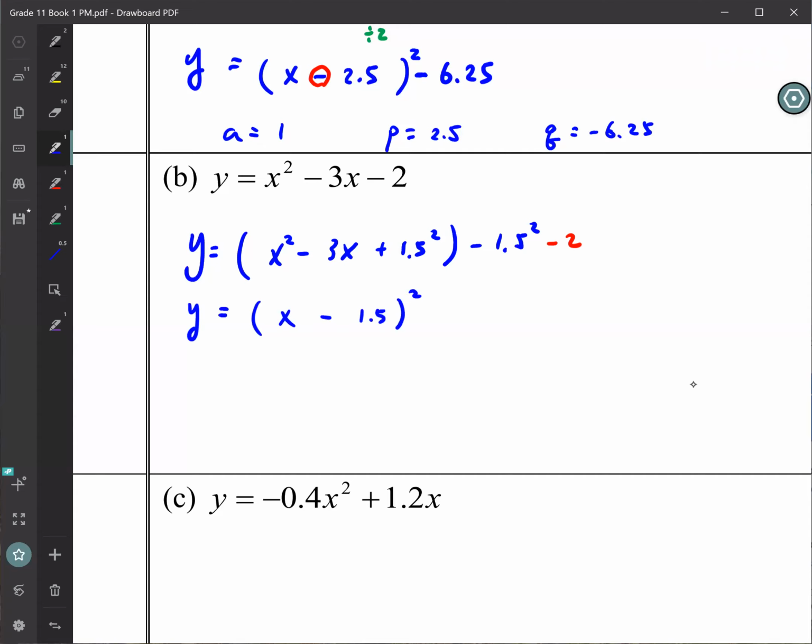How did you get the 5? 1.5 squared. How do you do 1.5 squared? Square means times itself, okay? 1.5 times 1.5, not times 2. I think you did times 2.